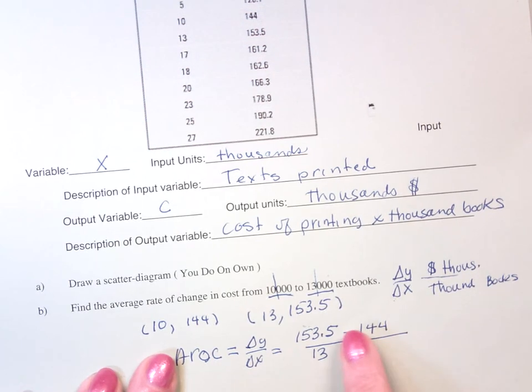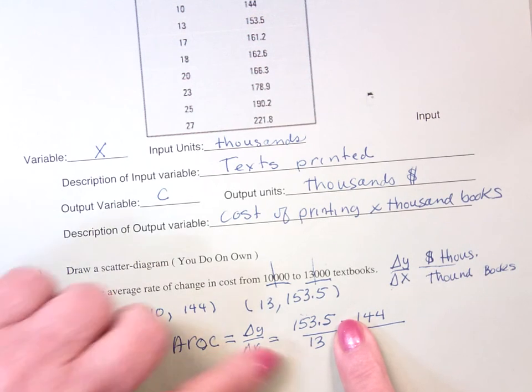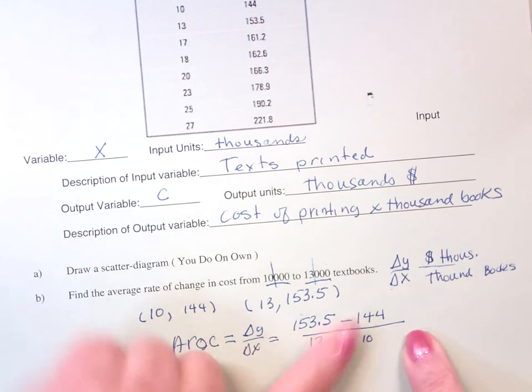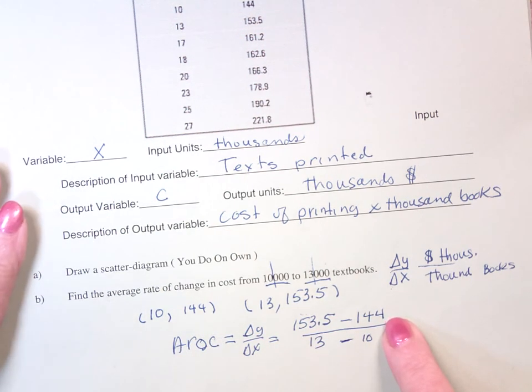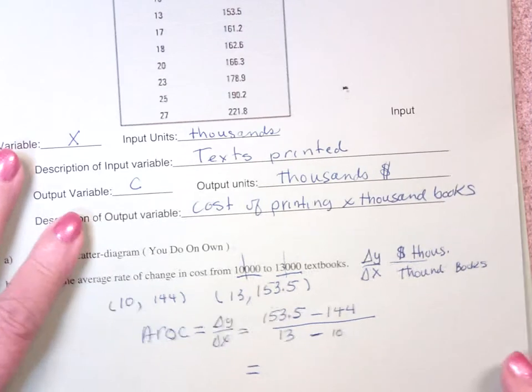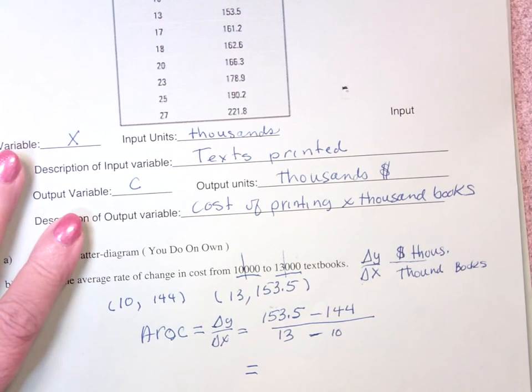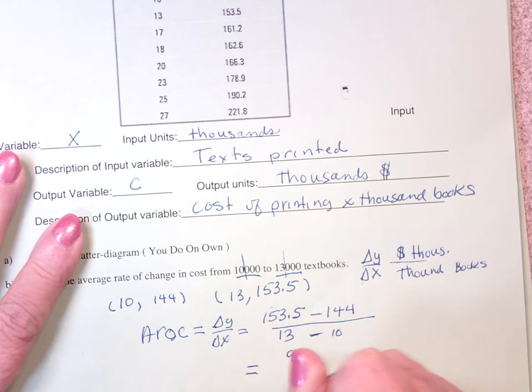And what you want to do is, I always make sure that the coordinate points are on top of each other. There's the xy coordinate point. There's the other xy coordinate point, so that I know I've got them at least in the right order. So this becomes, and I'm going to exit out of here, get my calculator, 153.5 subtract 144, which is 9.5 over 3.